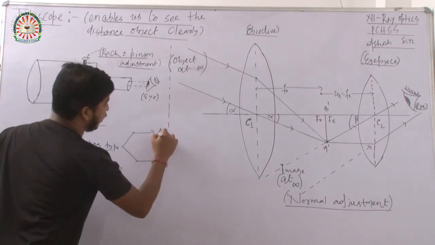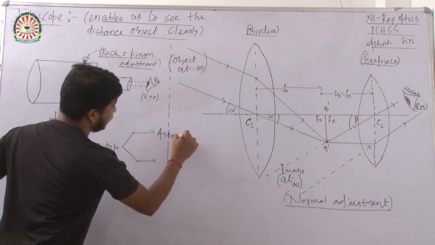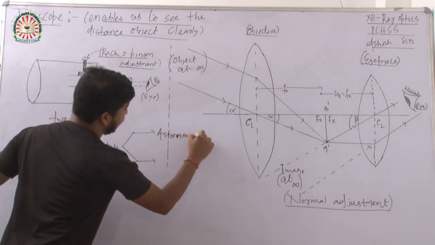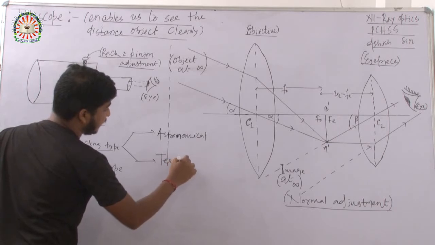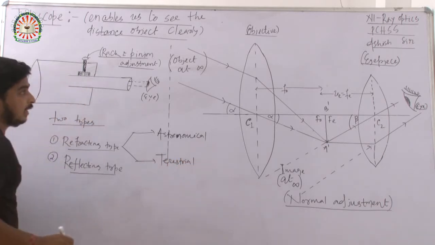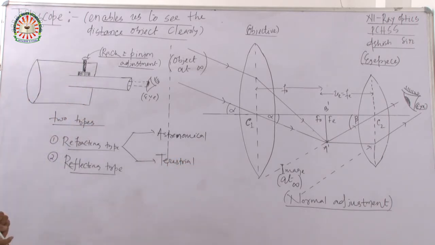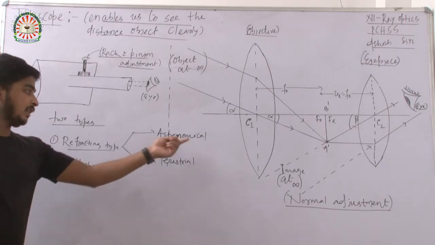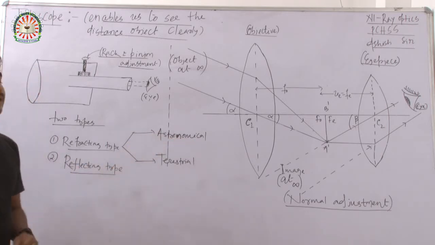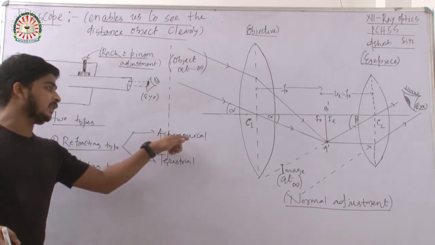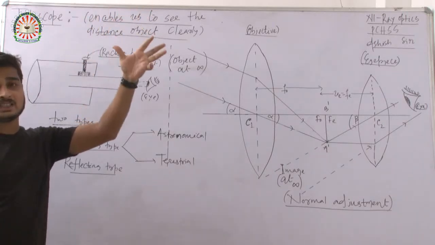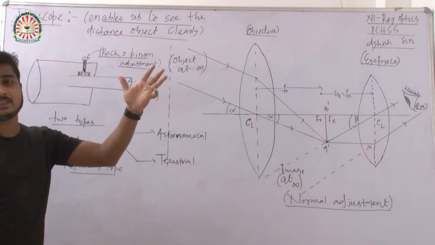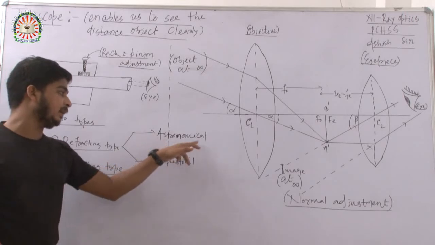The first one is the astronomical telescope, and the other one is the terrestrial telescope. An astronomical telescope is used to see heavenly bodies like the stars, the moons, the planets.